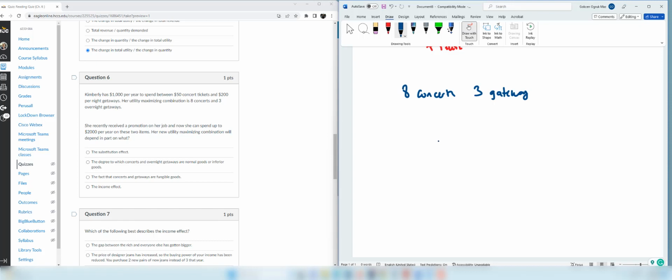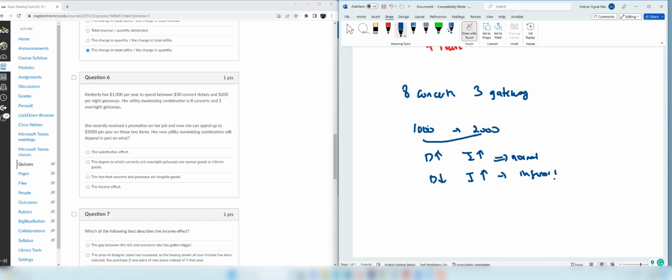So her income doubles, right, from 1,000 to 2,000. But remember, we have 2 types of goods depending on the income. Income is a determinant of demand, and if demand increases while income increases, we are talking about normal goods. And if demand decreases while income increases, we are talking about inferior goods.